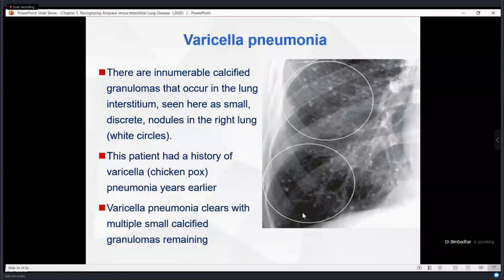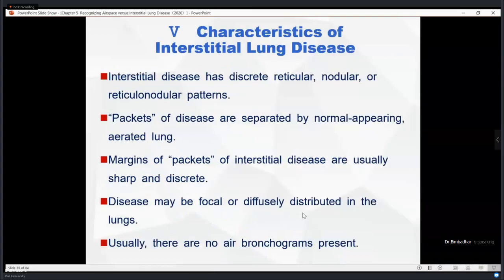Varicella, chickenpox, varicella zoster. Now you can see here that interstitial lung disease has a discrete reticular, nodular or reticulonodular pattern. They are separated by normally appearing aerated lungs. The margins are sharp and usually discrete.